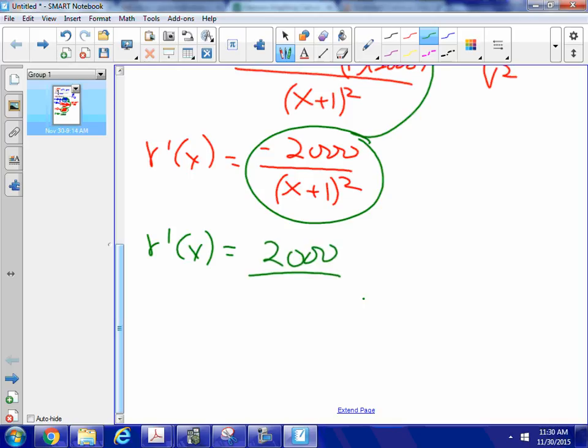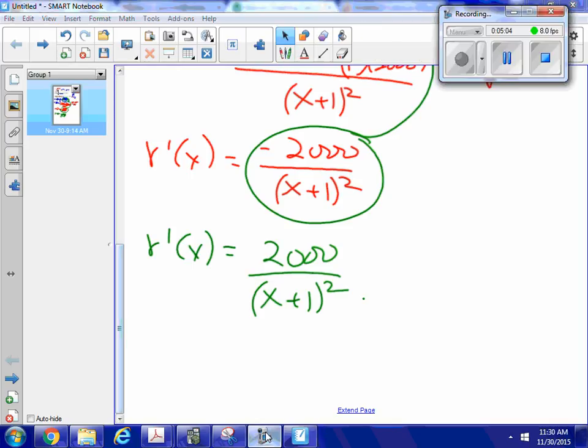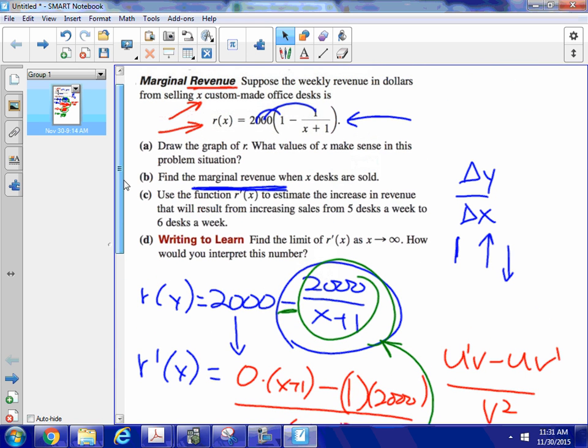It's not negative 2,000. So the next question is asking, use the function r prime of x to estimate the increase in revenue that results from increasing sales from 5 desks a week to 6 desks per week.